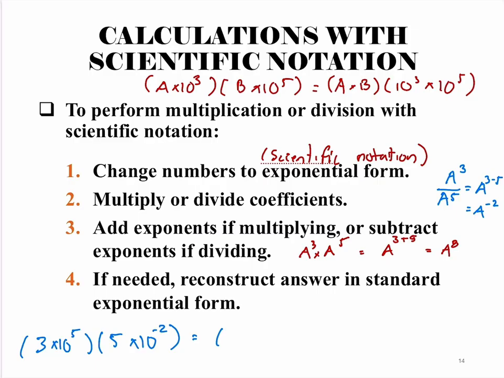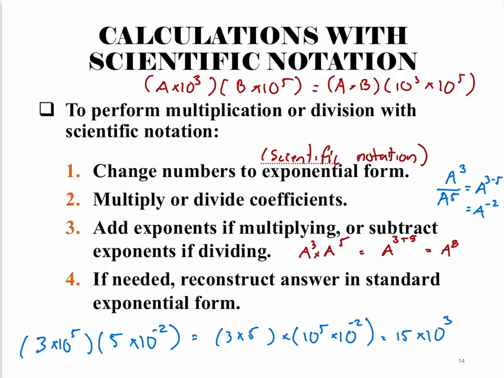It'll be 3 times 5 times 10 to the 5 times 10 to the minus 2, right? All I did was change the order of how things are listed. 3 times 5 is what? 15. So it's 15 times 10 to the 3, because 5 plus negative 2 is 3, the same thing as 5 minus 2.